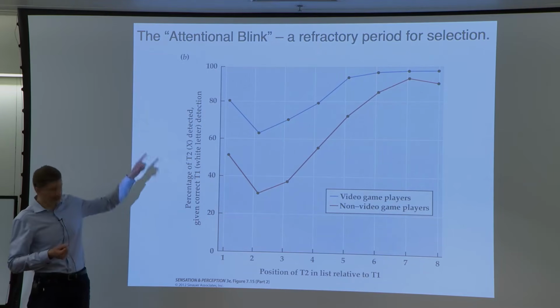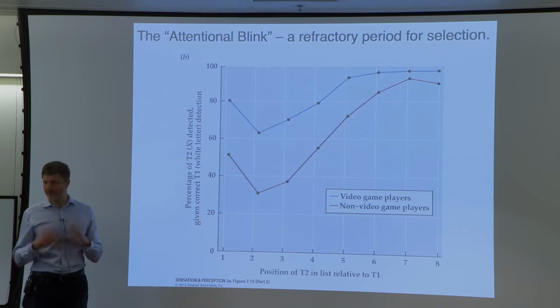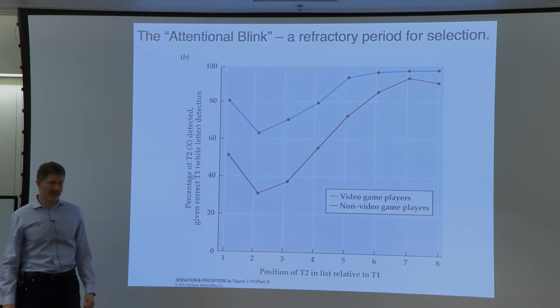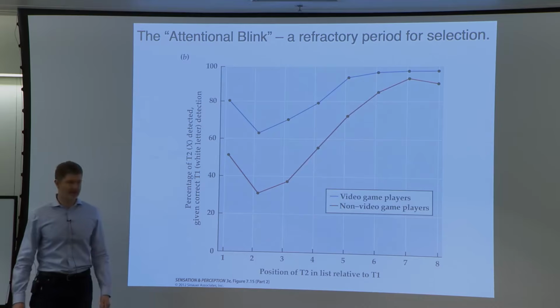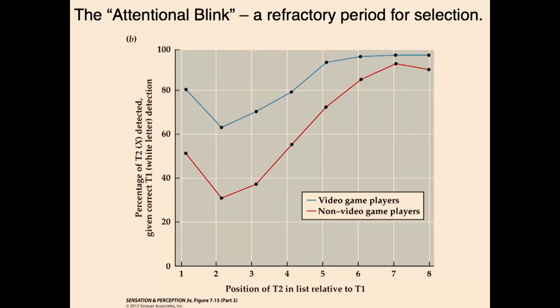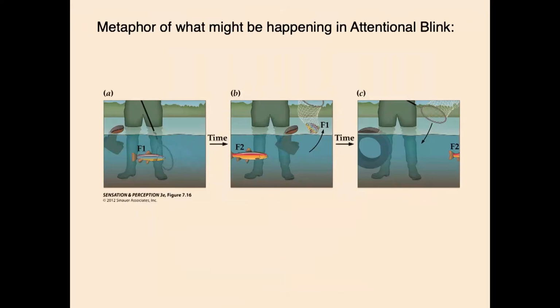In this particular case, the attentional blink is reduced in people that play lots of video games. I guess because you have to do lots of detecting of things in rapid sequence when you play a video game.